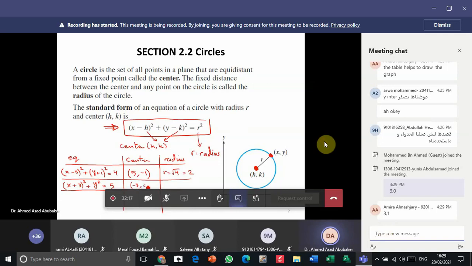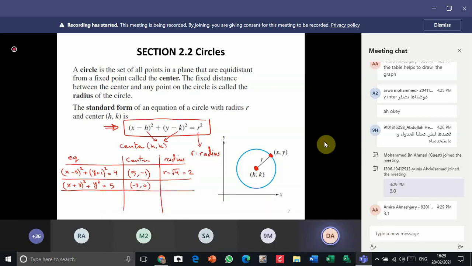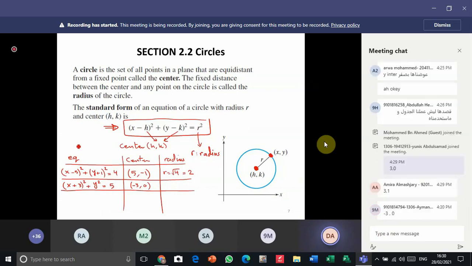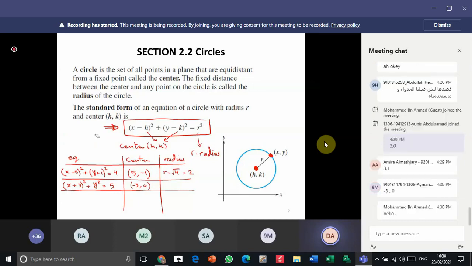But negative 3 and 0, not positive. Okay, negative 3, because we have plus 3 in the equation, the center equals negative 3. And we don't have y minus, so if we have y square, this is (y minus 0) all square. So the y coordinate in the center equals 0.